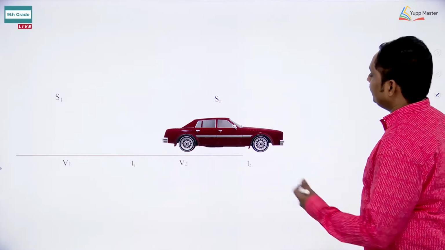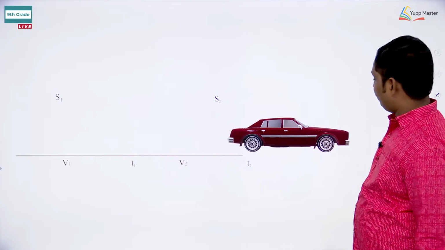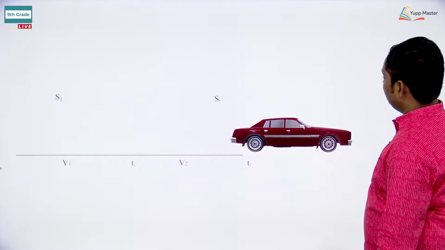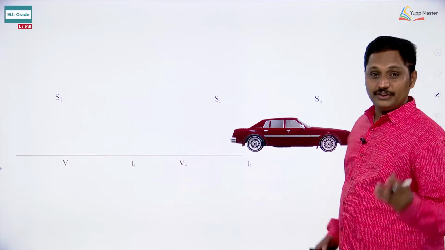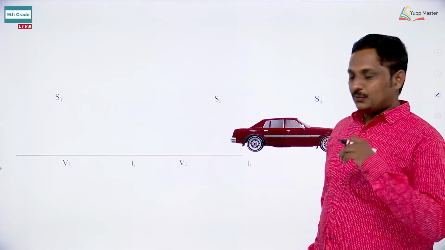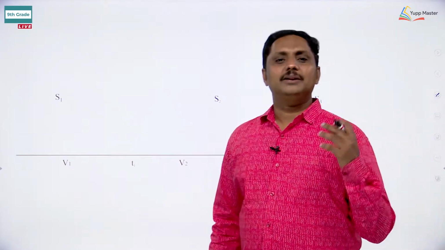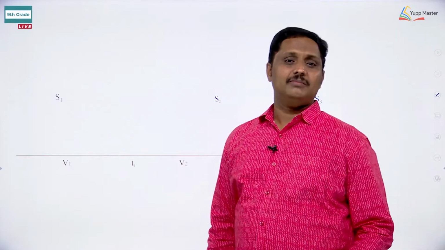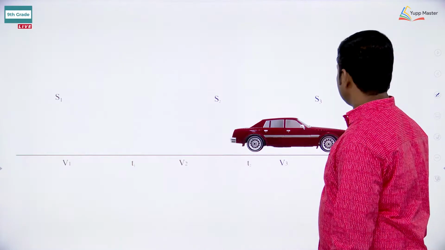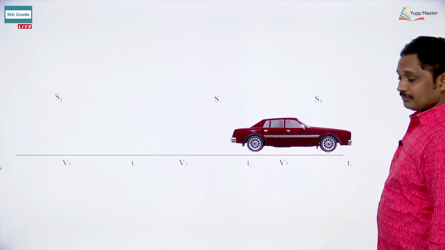Now let it have some displacement, that is, it has covered a distance of S3, right. You need to identify that in the different intervals it has covered different distances, right. So, you need to know about this.